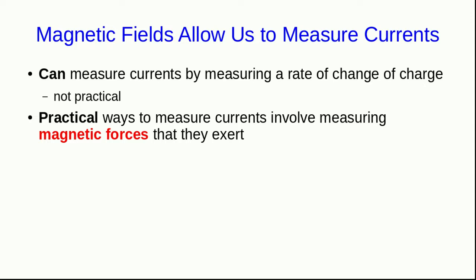This is how practical ammeters work. Old ammeters used very direct measurements of magnetic forces. Modern ammeters use more indirect methods using something called the Hall effect, which I might make an assignment question about.